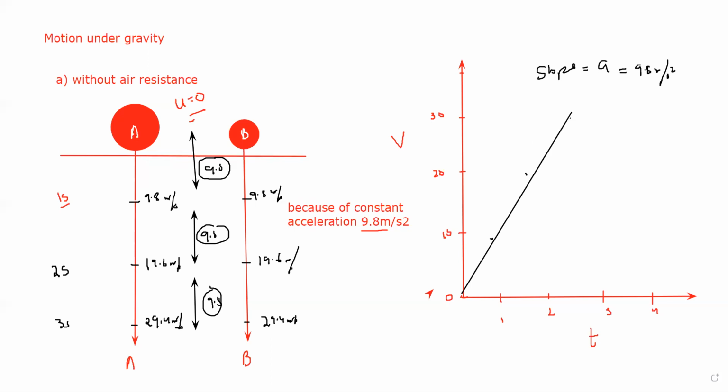Practically, how can we find this? An experiment to find acceleration due to gravity. If we want to find the acceleration due to gravity, there are different methods which we can use.